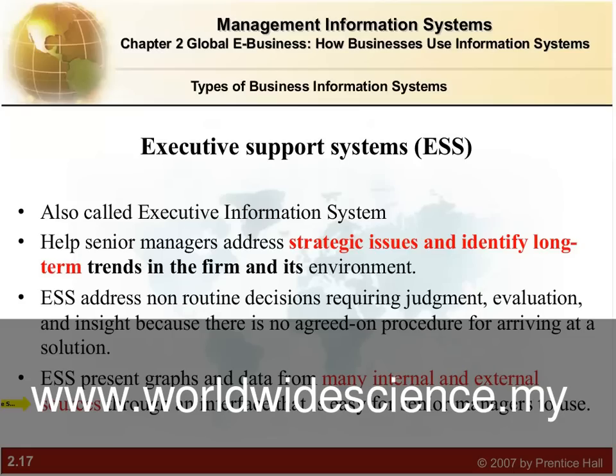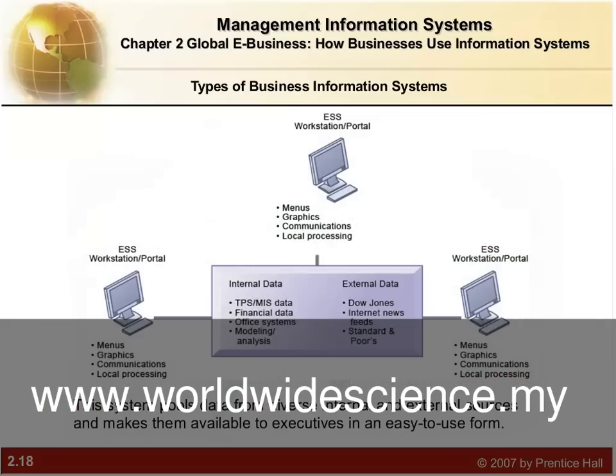Internal data such as the data that comes from TPS, MIS, financial data, office systems, modeling, different things, and external data may be the stock price, Dow Jones, internet news feeds, standards, and something from outside of the company that affects the overall performance of the organization.